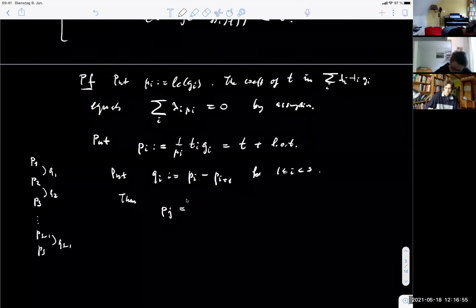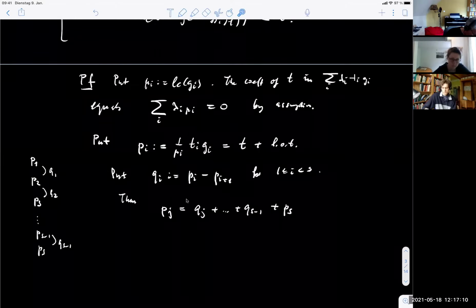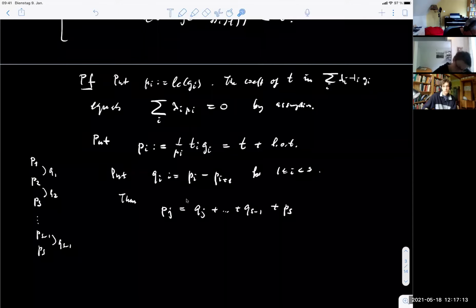P J is the sum of Q J plus Q J plus 1, etc., going up to Q S minus 1 plus P S. For P S minus 1 you just take Q S minus 1 plus P S. If you go higher up, say you want to express P J, you just add all these Q's, and at the end you add P S. This is quite easy. If you want, it's a telescoping sum.